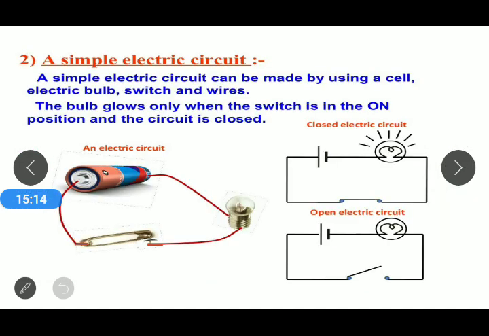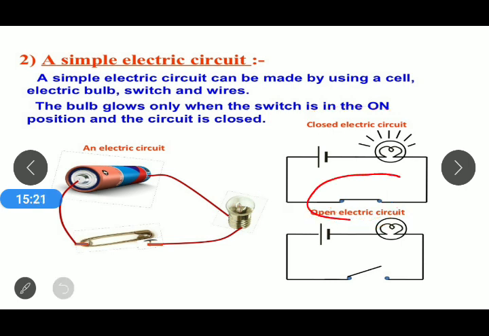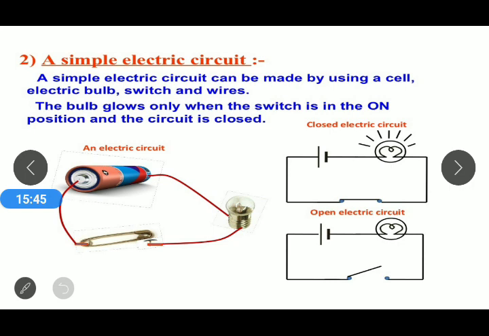That means we switch on the electrical switch. In that condition, the electrical current will flow, and we can see that the bulb glows. What is the reason the bulb glows? The reason is that the electrical current flows through that electrical circuit.